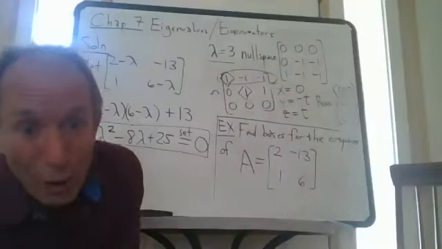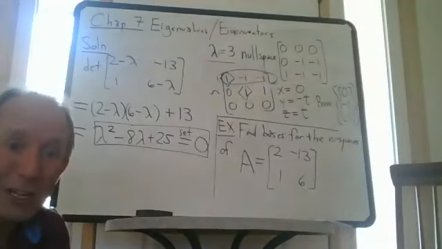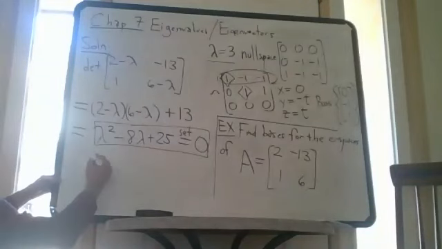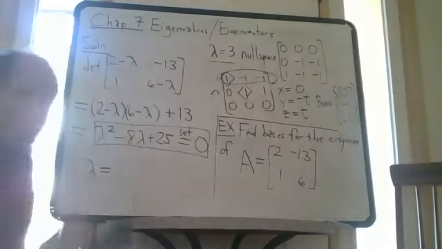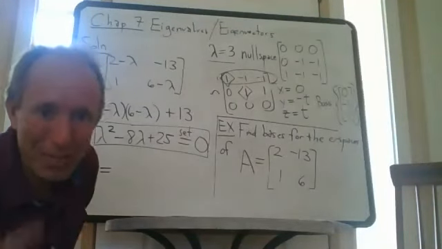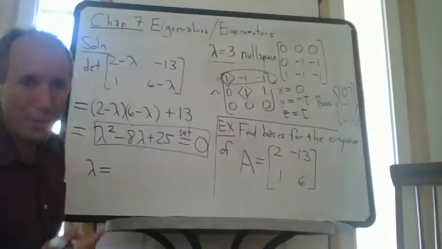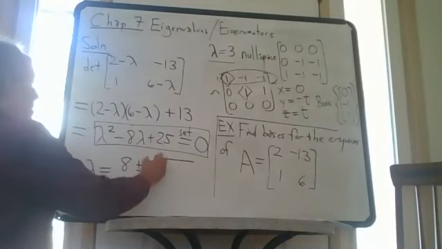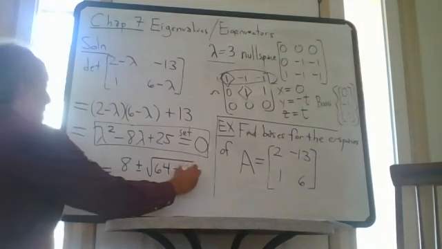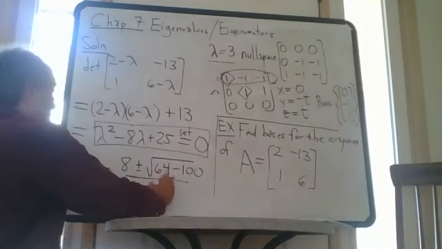The quadratic formula starts to become really important. So if I use my quadratic formula here, negative b plus or minus the square root of b squared minus 4ac all over 2a, I'm going to get something like this. 8 plus or minus the square root of 64 minus 100 all over 2.